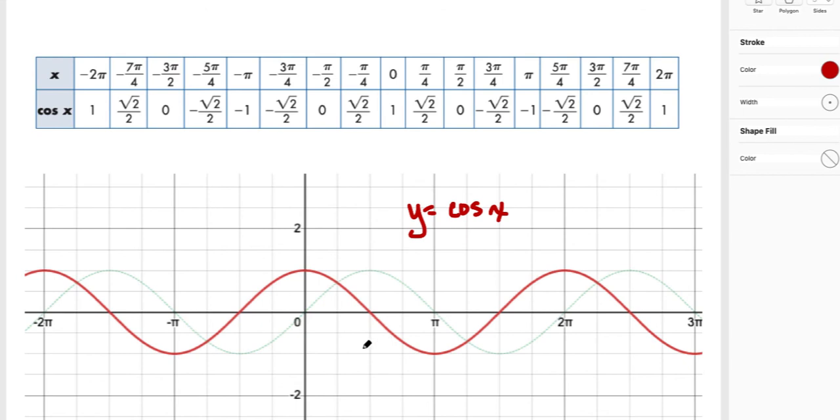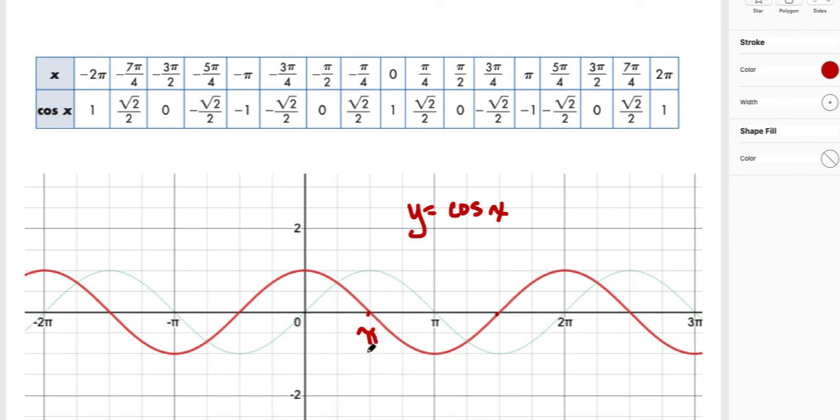Except what we'll notice is that the zero values, where the cosine is 0, do not happen at the multiples of pi. It happens at the odd multiples of pi over 2.